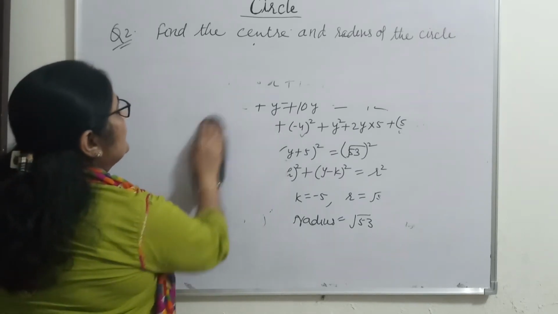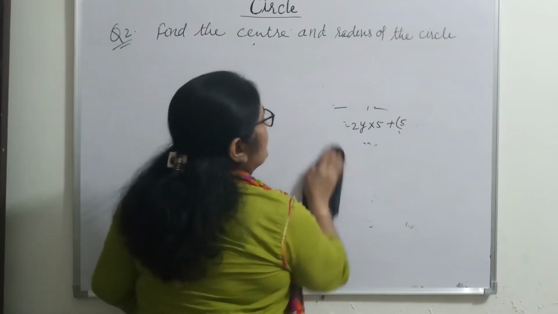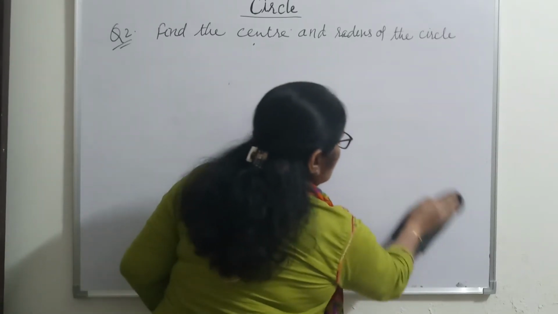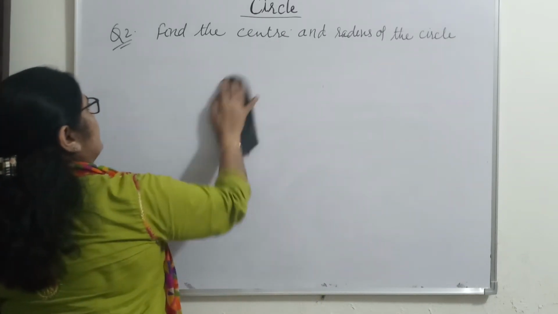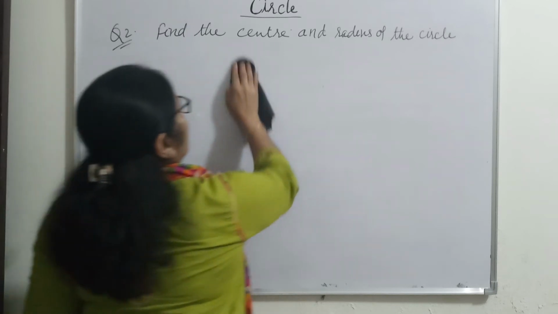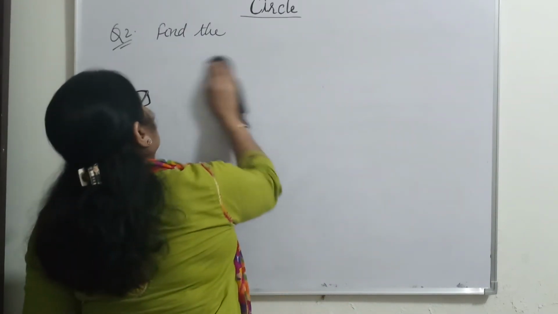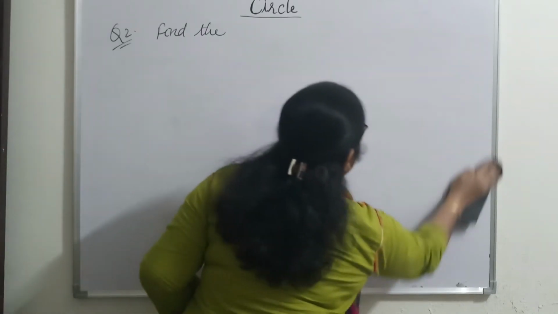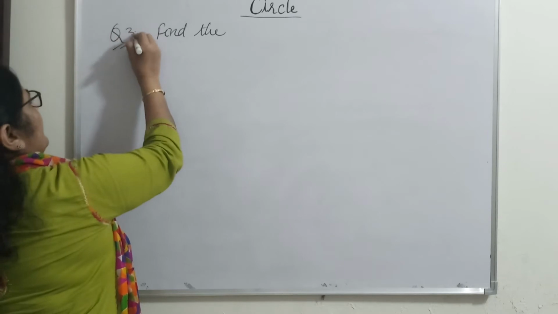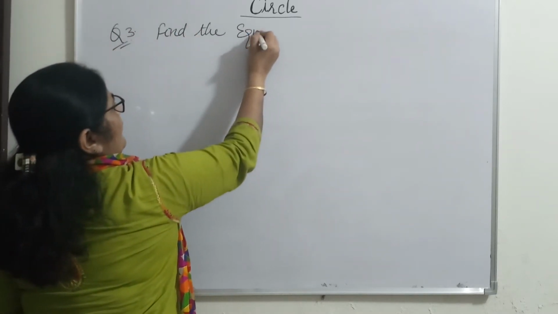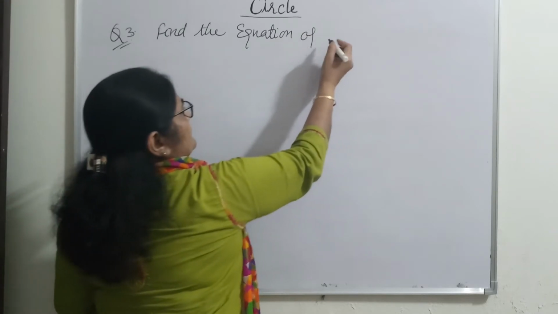There are some conditions and some properties of the circle given. So, using these properties and conditions, we will find the equation of the circle. Now, one more problem from NCERT, that is, find the equation of a circle.